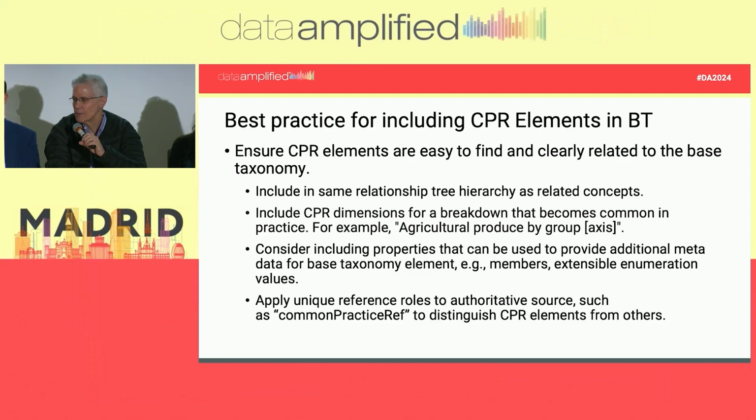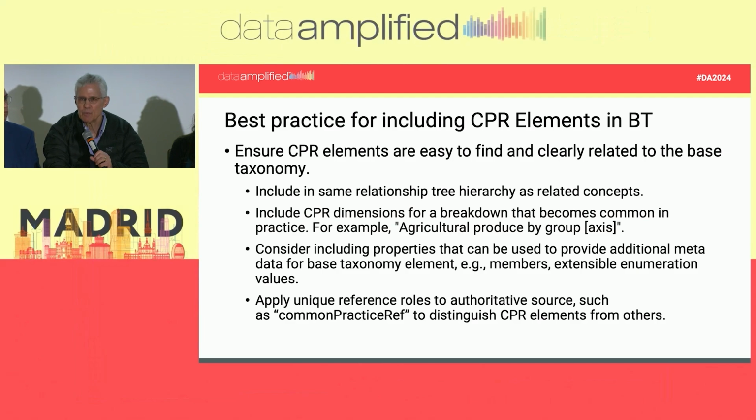Include CPR dimensions for a breakdown that becomes common in practice. One of the things our documents cover is that the cube and the related dimensions is, we don't describe it this way, but a built-in mechanism for effectively anchoring CPR elements, that being the member, right?